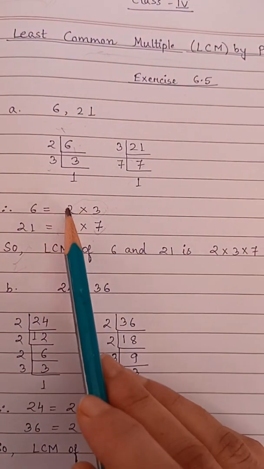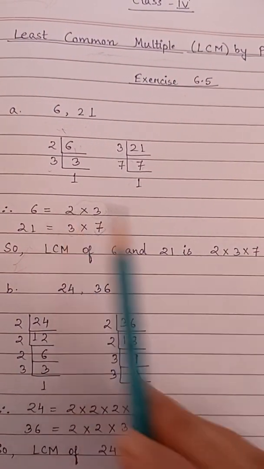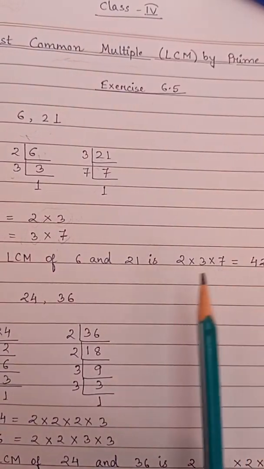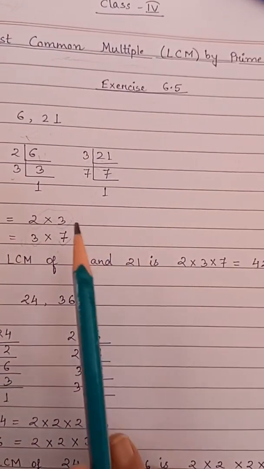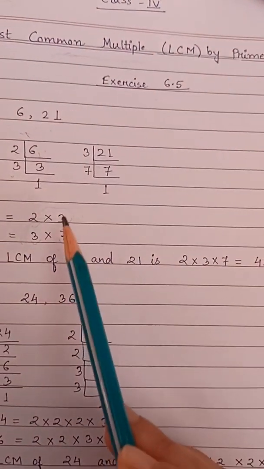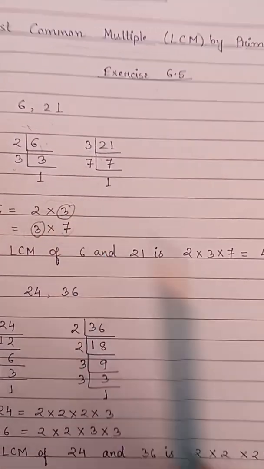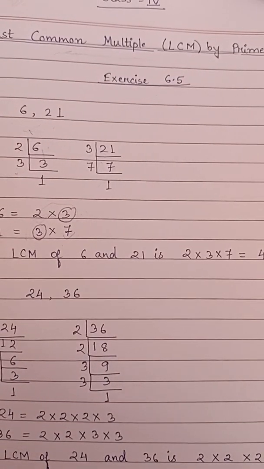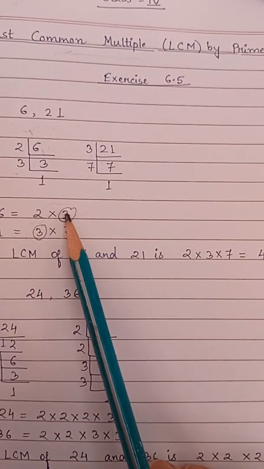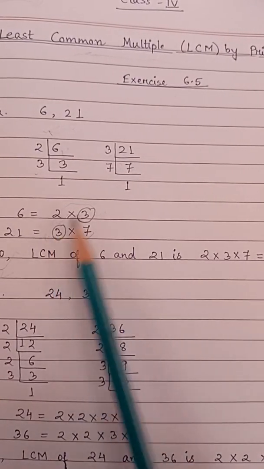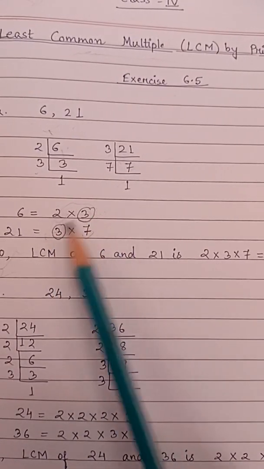So we have to take this 2. Here I have written 2. Next, you see 3 here also and here also. 3 is common in 6 and 21, right? So 3 in 6 and this 3 in 21, that means 3 is common.